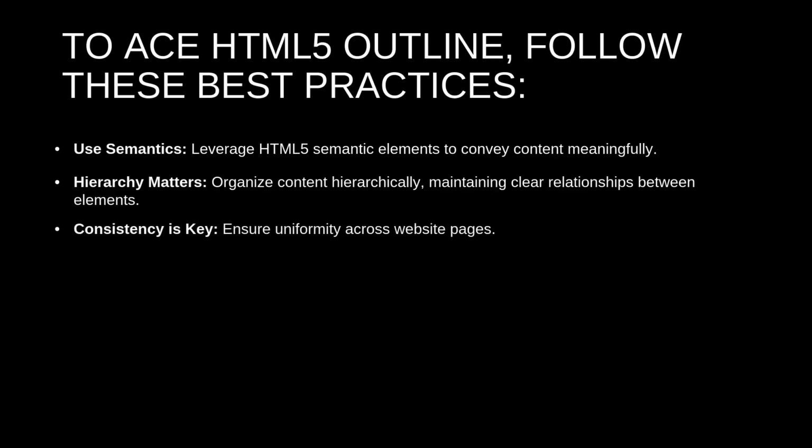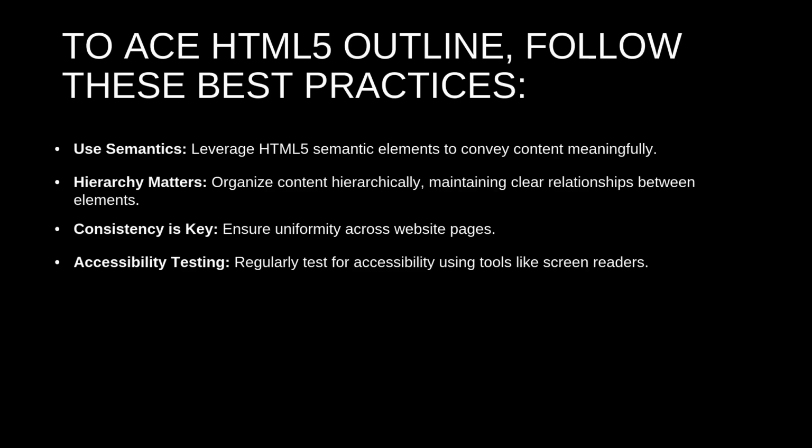Maintain consistency. Be consistent in your use of semantic elements and document structure across pages of your website. Test accessibility. Regularly test your web pages for accessibility using tools like screen readers or browser extensions.